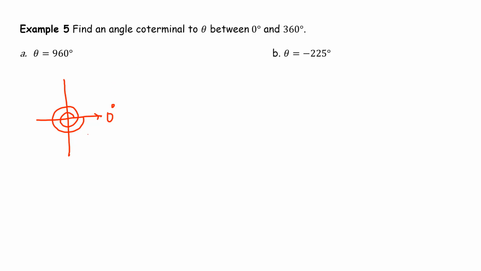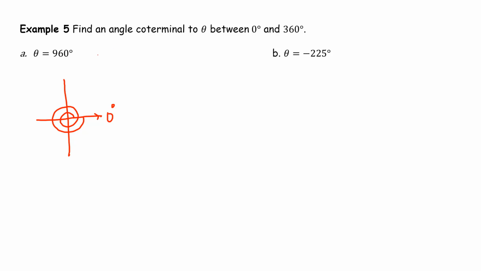And do we go another time around? I don't know. Let's see. 360 times 3 is 1,080. So that's more than 960. So we're not going to spin around 3 times. We're going to spin around 2 times plus some more degrees.